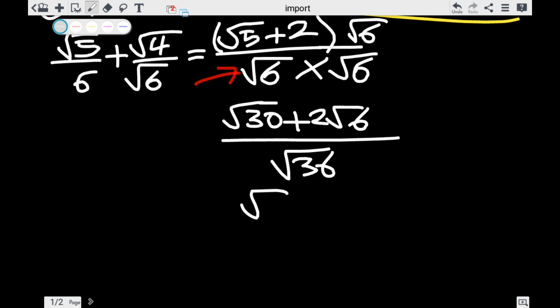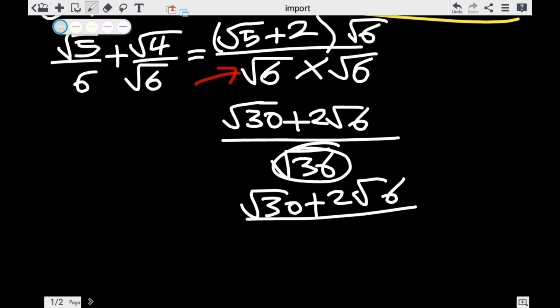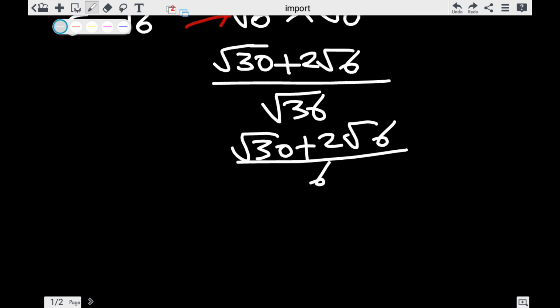So we should write root 30 plus 2 root 6. What is root 36? The square root of 36 is 6. So now this answer, the expression at the top, is factorable. So you want to factorize it. So let me move everything closer to this portion.